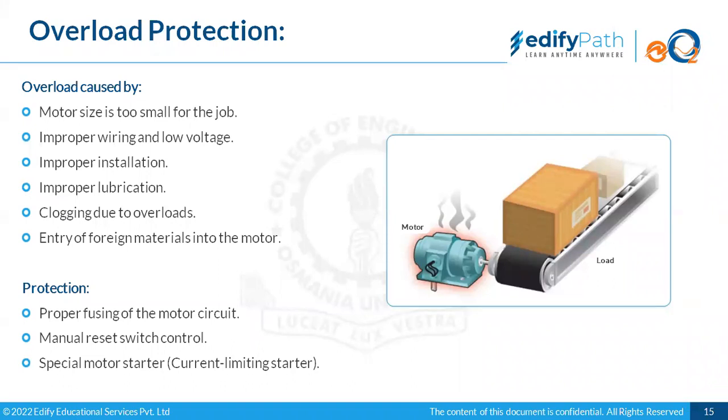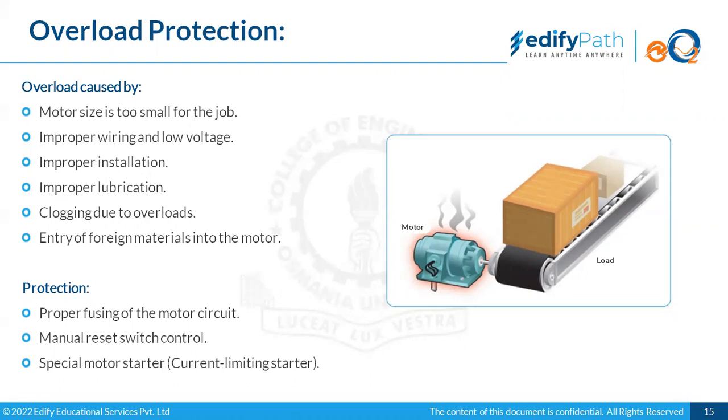That could be because of selecting a smaller motor size, low voltage, improper wiring, or improper lubrication. As we said, if there is an issue with the bearings, it could also cause problems.